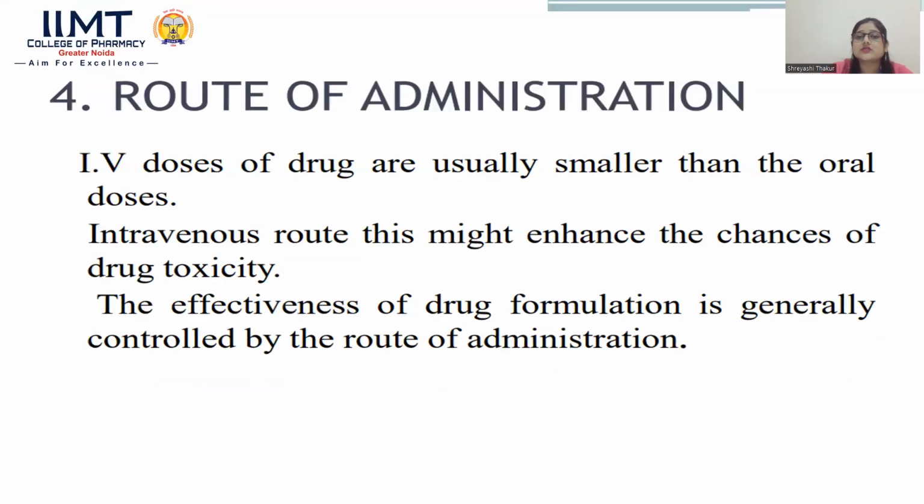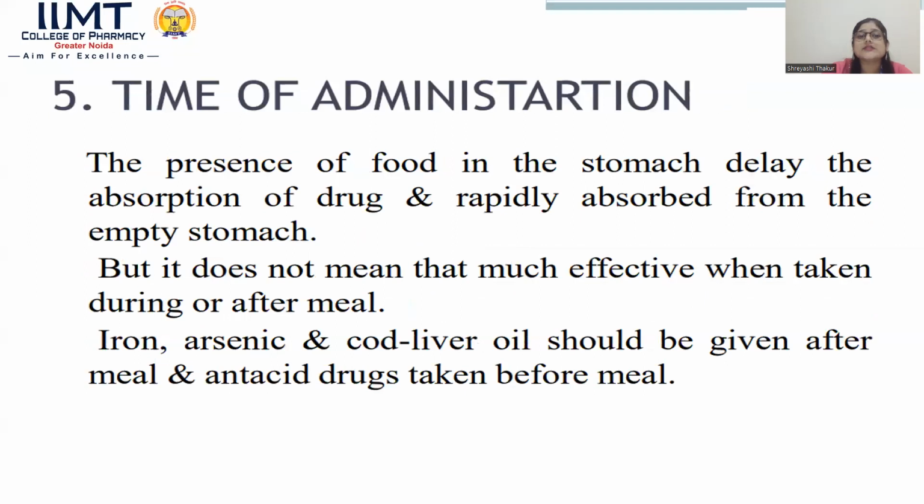The next one is route of administration. IV, meaning intravenous, doses of drugs are usually smaller than the oral doses. The intravenous route might enhance the chances of drug toxicity, which is why they are given in small amounts as compared to oral doses. The effectiveness of a drug formulation is generally controlled by the route of administration. The next one is time of administration.